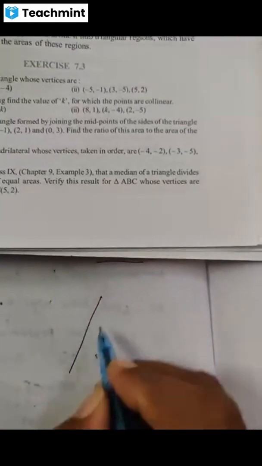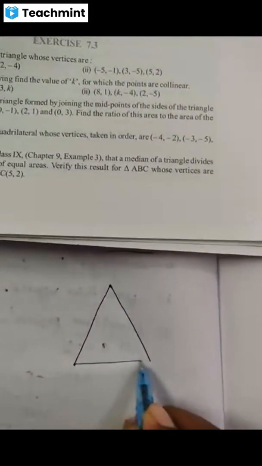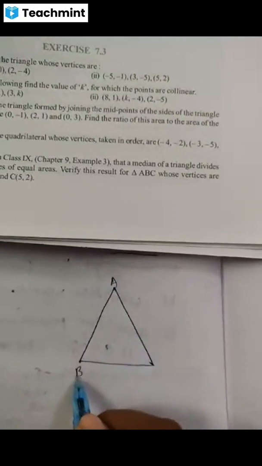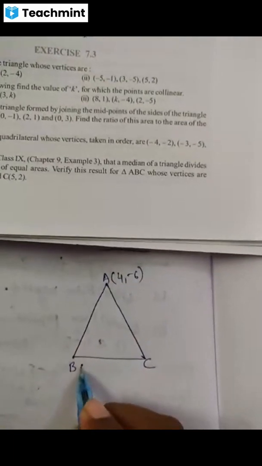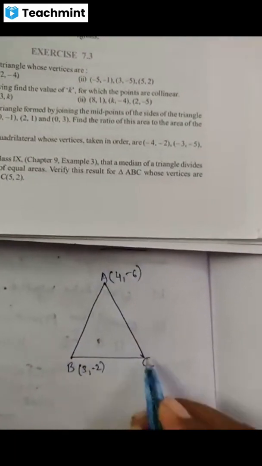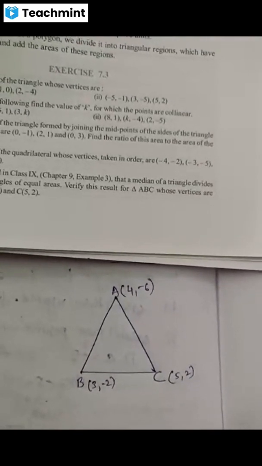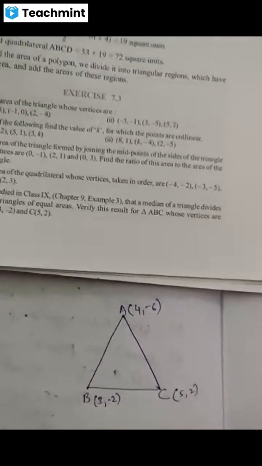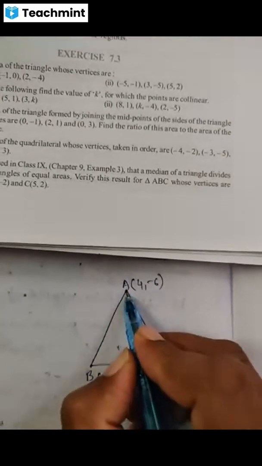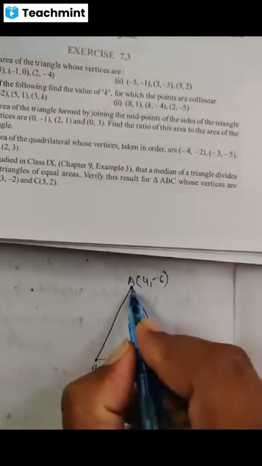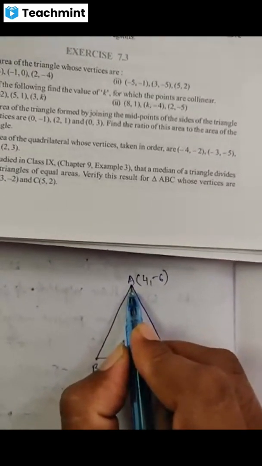Anyone say? If I draw a median from vertex A, that line divides the opposite side into two equal parts. That is called the median.